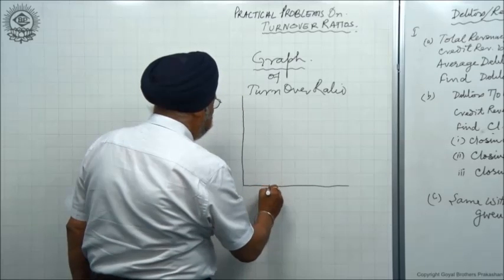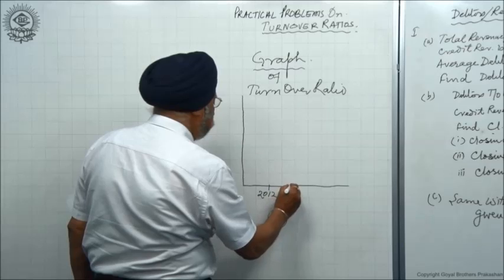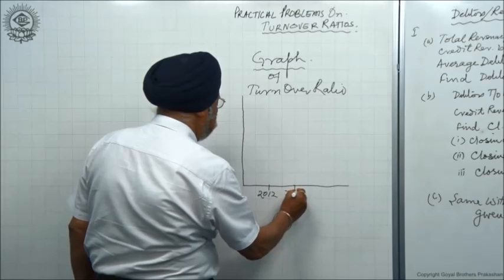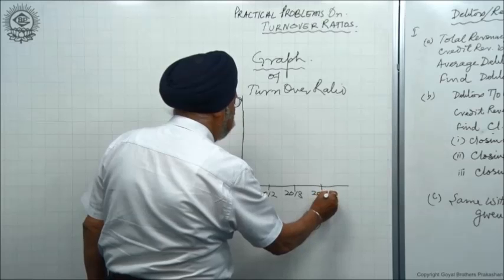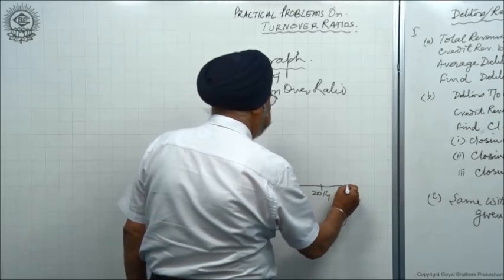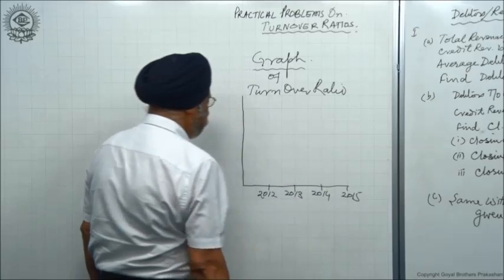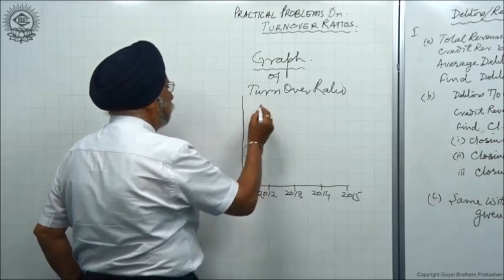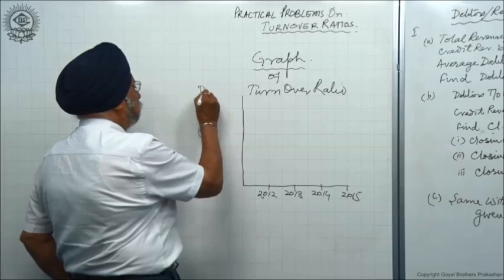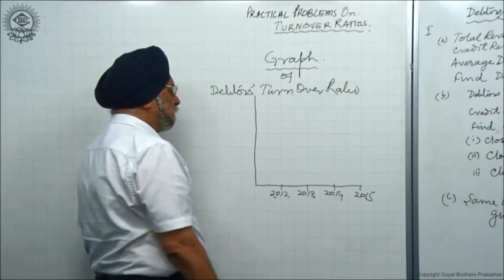Here they measure years. Say this turnover ratio is on debtors turnover ratio. This is debtors turnover ratio.